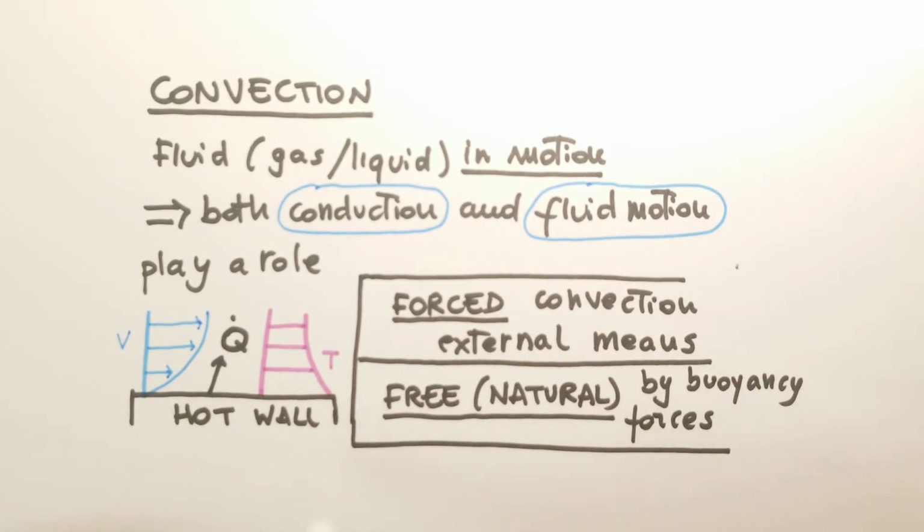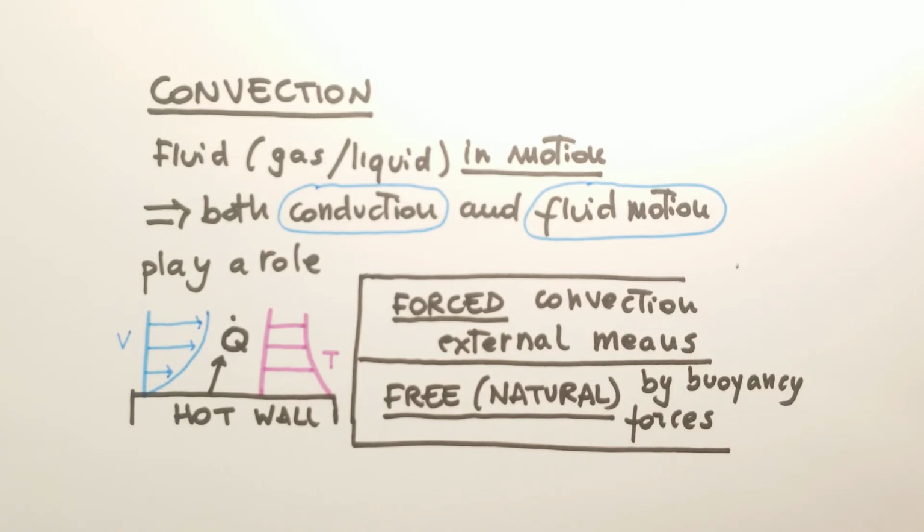I've sketched here a hot wall. We have a kinematic boundary layer that flows over the hot wall. We inject heat into the fluid and we can sketch the temperature. So we have here a high temperature at the surface of the wall, and we have a lower temperature far away from the wall.